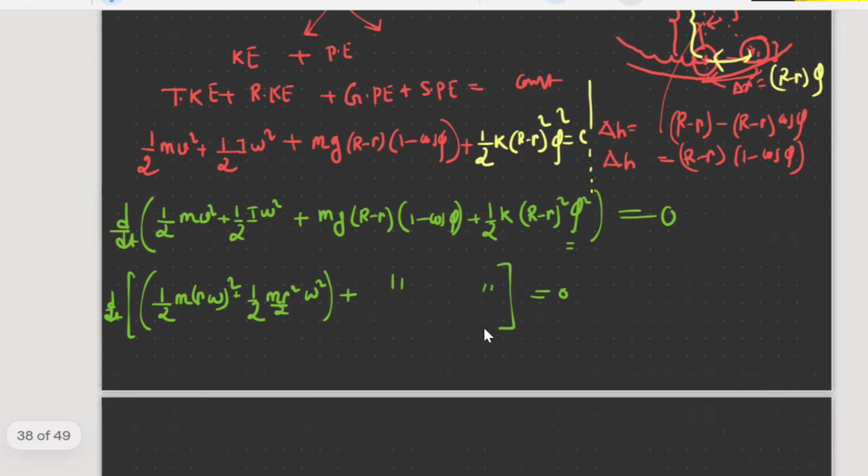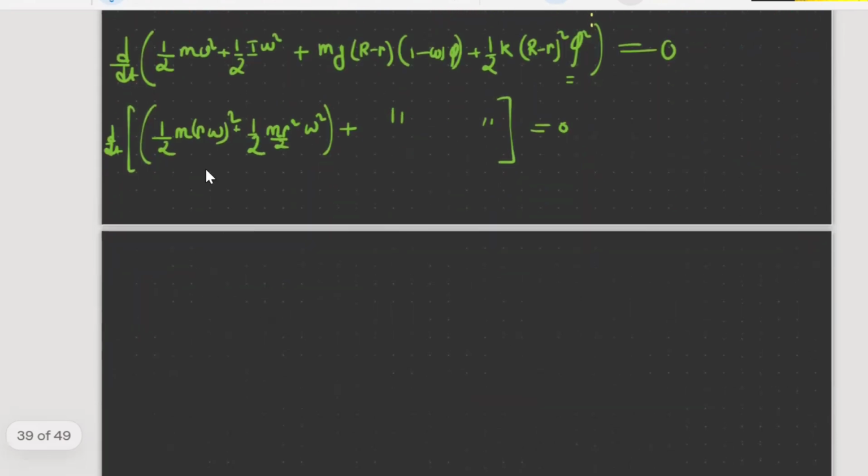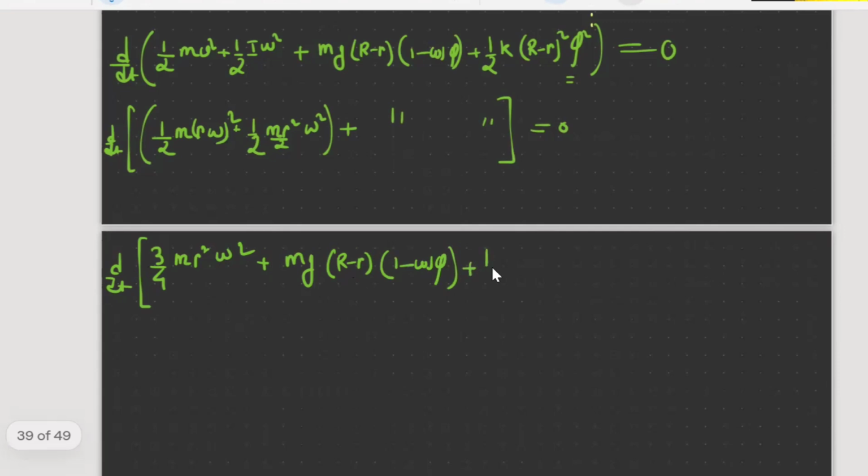Now half of m r square plus 1/4 of m r square is going to be 3/4 of m r square omega square, d/dt, plus mg (R minus r)(1 minus cos phi) plus half of k (R minus r) square phi square, that is 0.